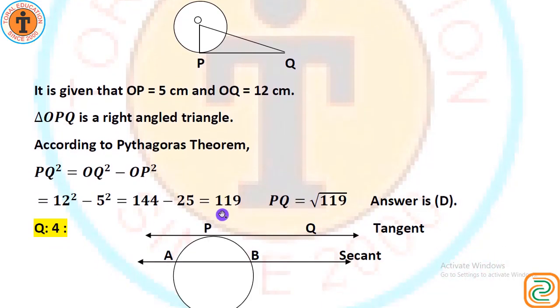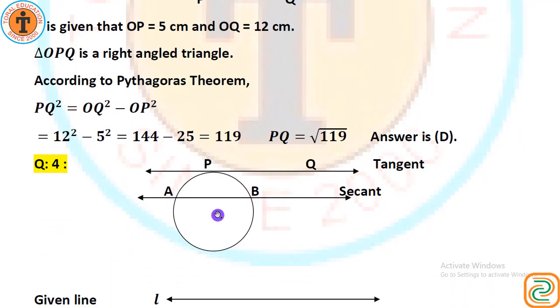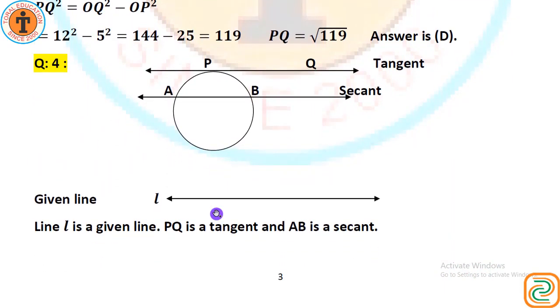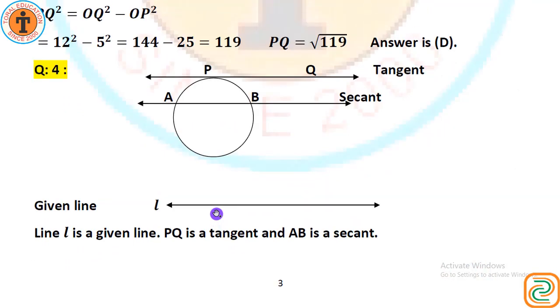Question number 4. Draw a circle and two lines parallel to a given line such that one is a tangent and the other a secant to the circle. Only two lines are to be drawn which are parallel.